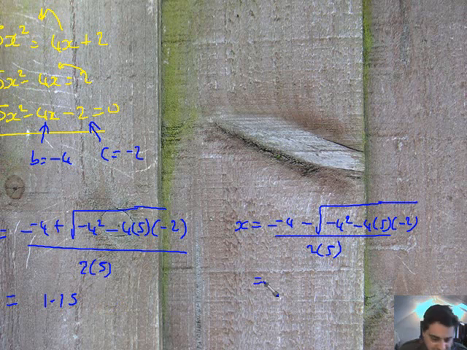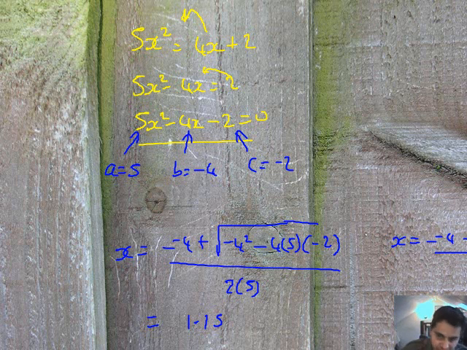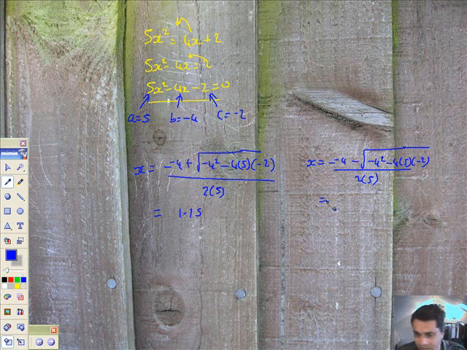Do it in one step, trusting that my calculator can handle all these bits and pieces. So I've got 4 minus the square root of, I've got to open my bracket now, that's going to be 16, take away 4 times 5 times 2, that's going to be 40, so it's going to be minus 40, so plus 40.